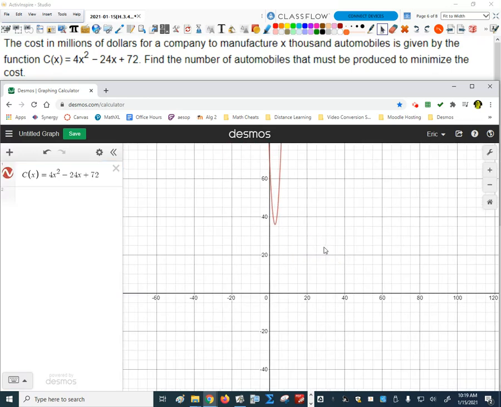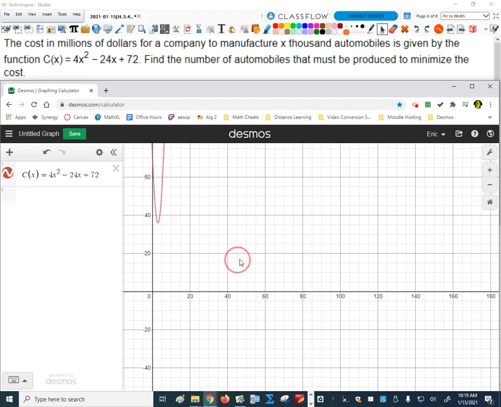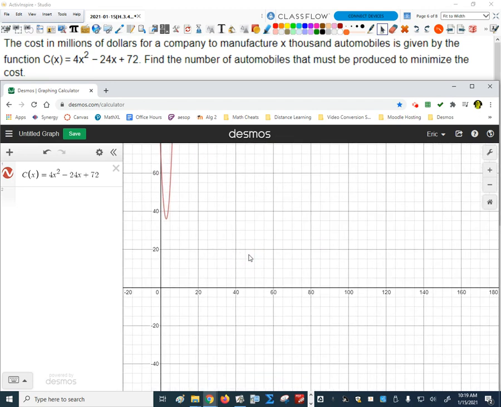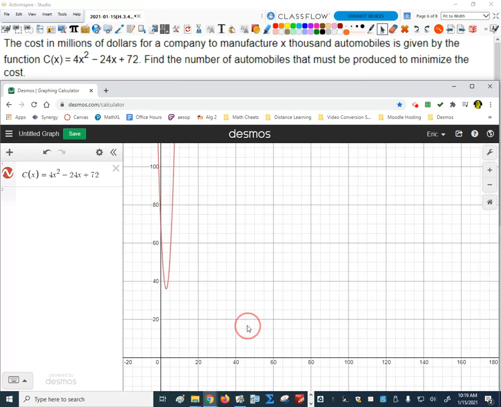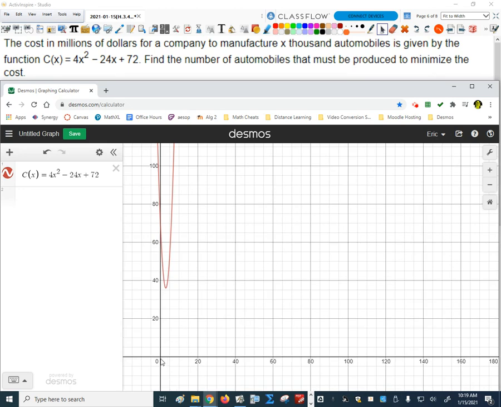There's my parabola. If I wanted to, I could make this thing look a little better, right? I could pick a window that might display this better. Right now my x-axis is pretty tall and skinny, isn't it? It's not very convenient to look at. This is a good skill to develop because you're going to do a lot of numerical analysis as you move forward in math.